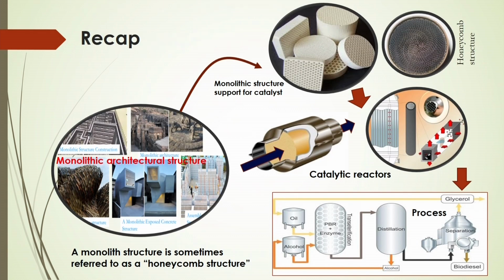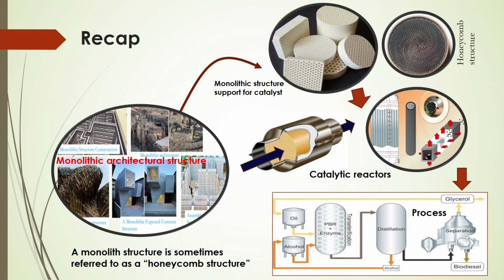As a recap, we can recall the previous lecture about the monolithic structure, and how the monolithic structure is applied for chemical engineering process intensification. In ancient architectural structure, they developed different shapes of houses and buildings, and this is one type, called a monolithic structure.